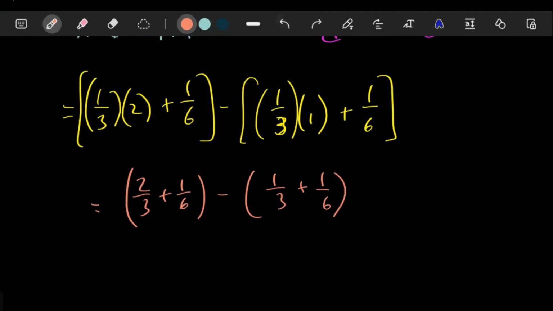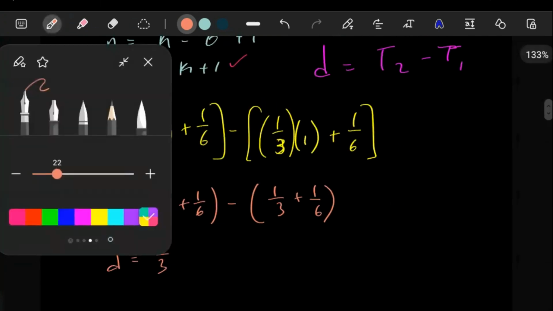Let's just put this in the calculator. 2/3 plus 1/6, and then we have minus 1/6 plus 1/6 also. So all things considered, the answer here is 1/3. It's just 1/3.